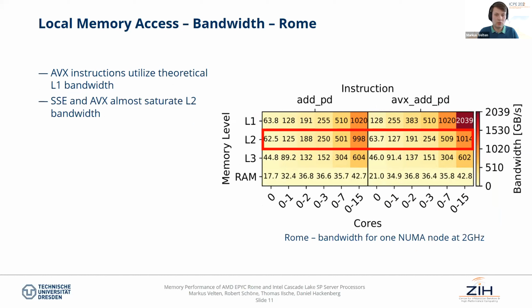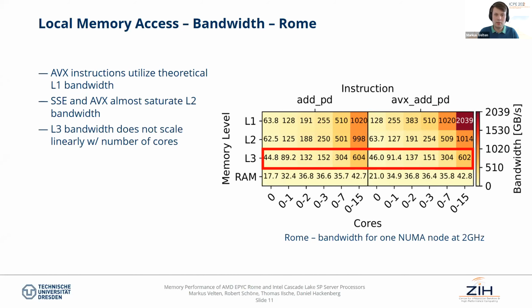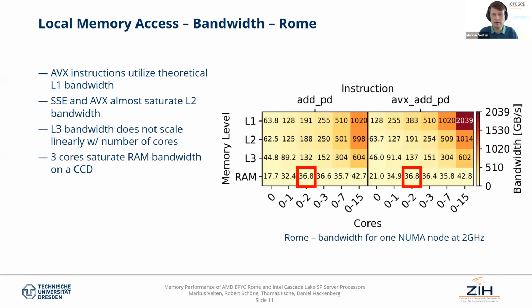SSE and AVX are almost able to saturate the L2 bandwidth, but the L3 bandwidth was not able to scale linearly with the number of cores. We are furthermore able to see that with this benchmark, at least on this setup, 3 cores were enough to saturate the bandwidth of a complete CCD, which has 8 cores. So 3 cores are enough to achieve the highest bandwidth we are able to measure.